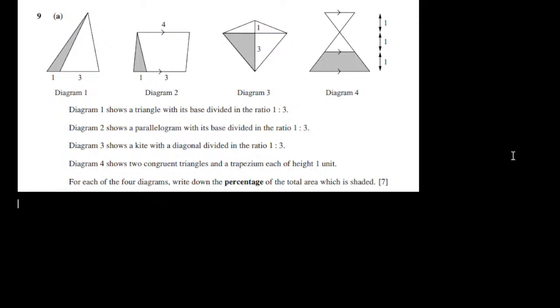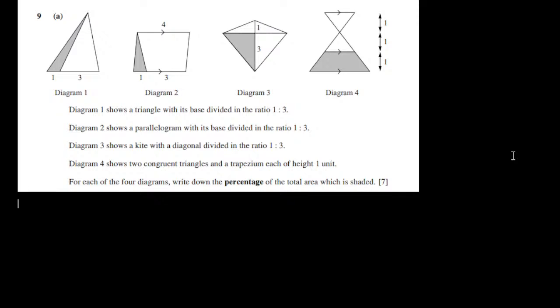Diagram 2 shows a parallelogram with its base divided in ratio 1:3. Diagram 3 shows a kite with the diagonal divided in ratio 1:3. Diagram 4 shows two congruent triangles and a trapezium, each of height 1 unit. For each of the four diagrams, write down the percentage of the total area which is shaded.